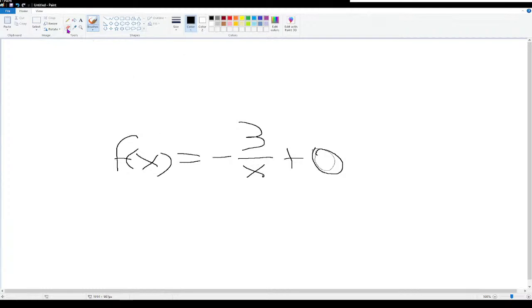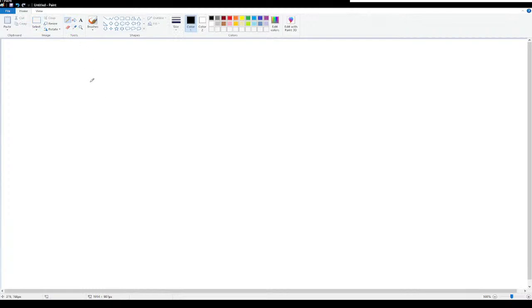So to do that, we will turn this f(x) into a 0 to find the value of x. I'm awful at this. x equals negative 3 over x. Oh, that's very ugly, but it's fine. No idea.